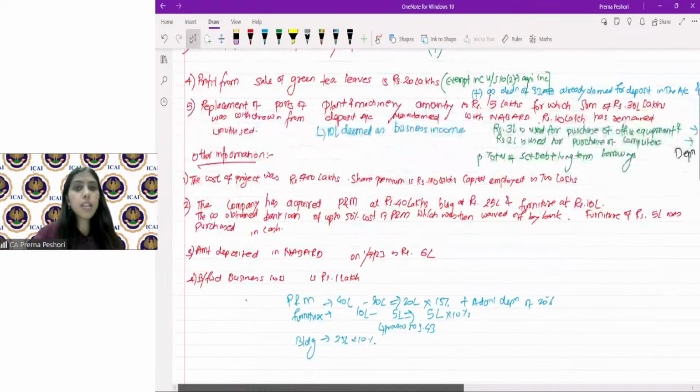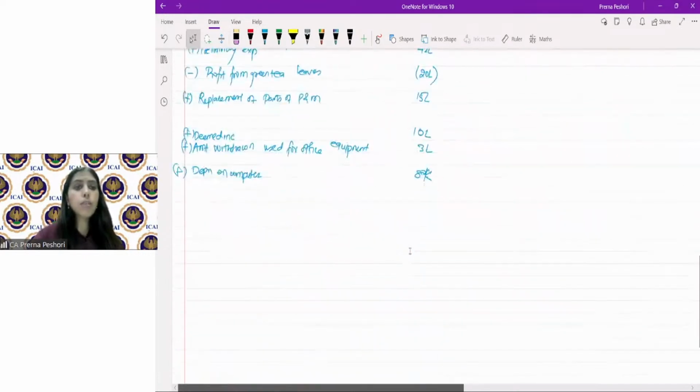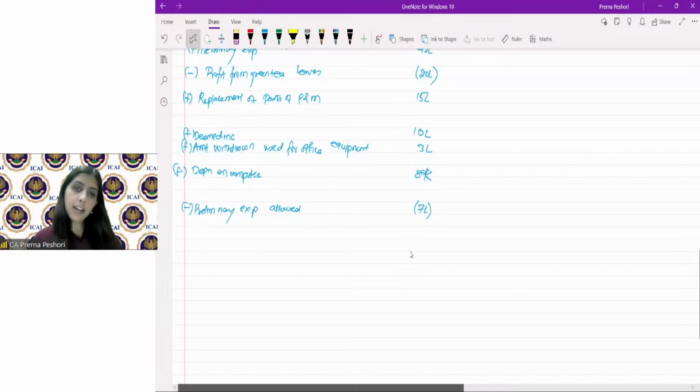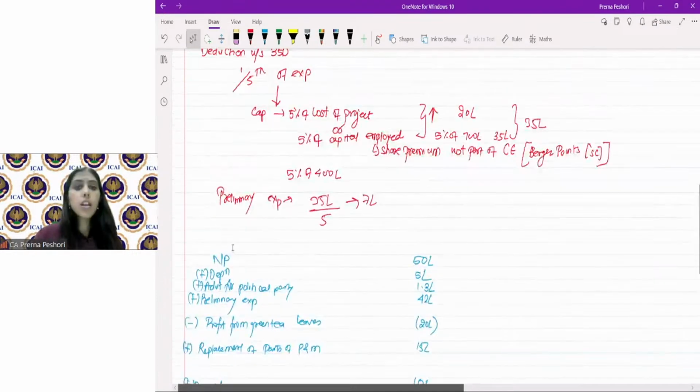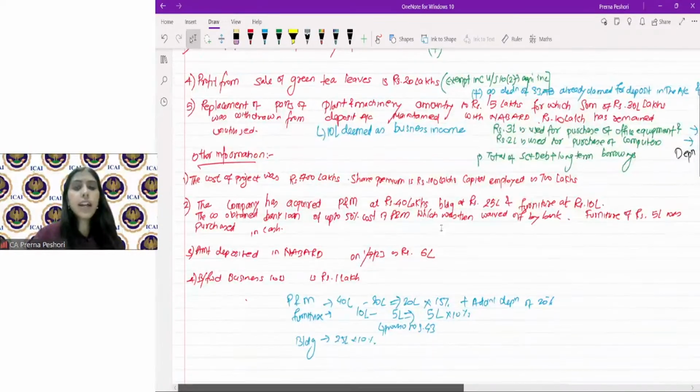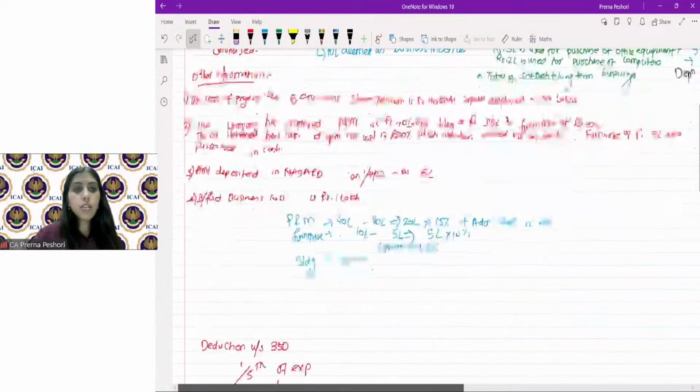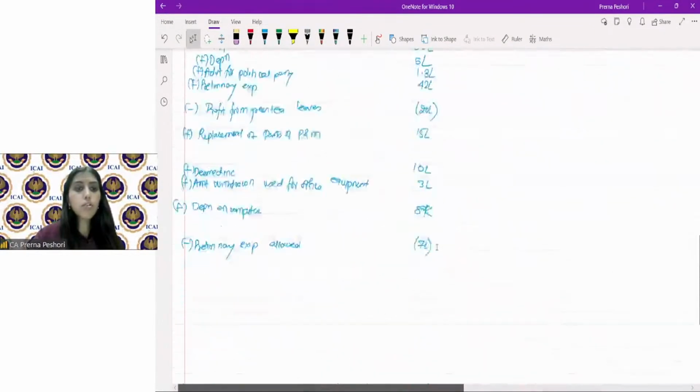Then the preliminary expenditure allowed was 7 lakh, right? Then we had the depreciation.